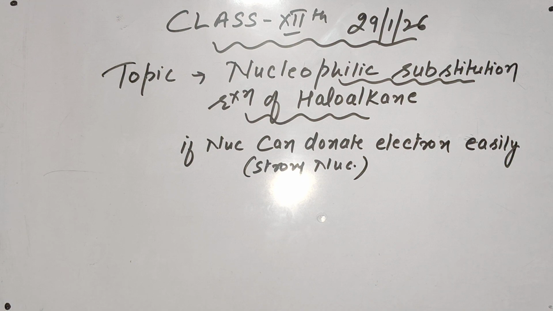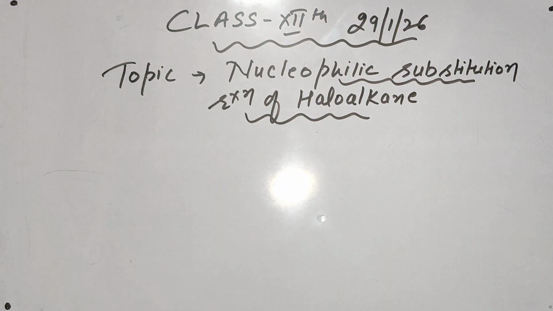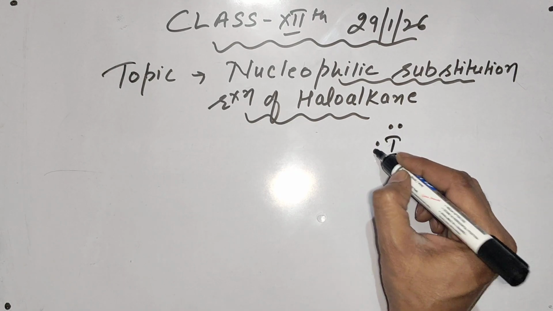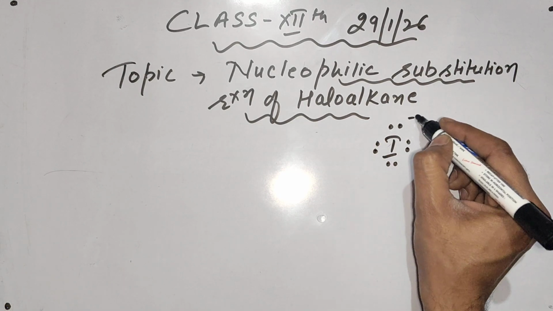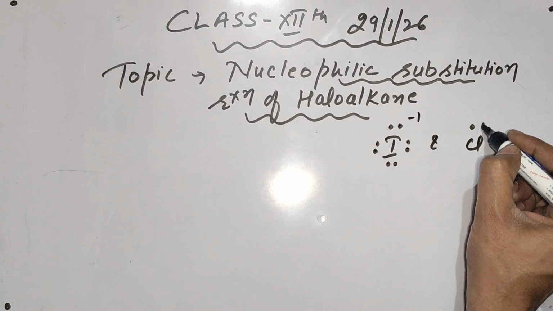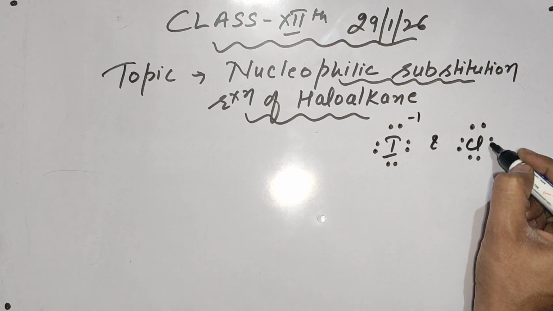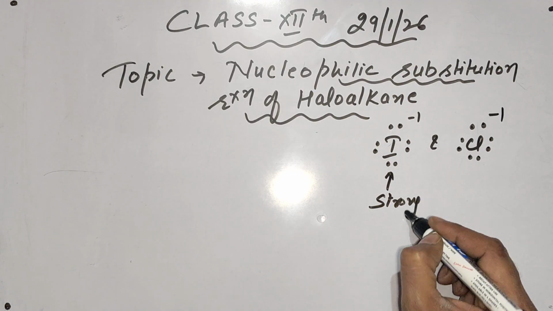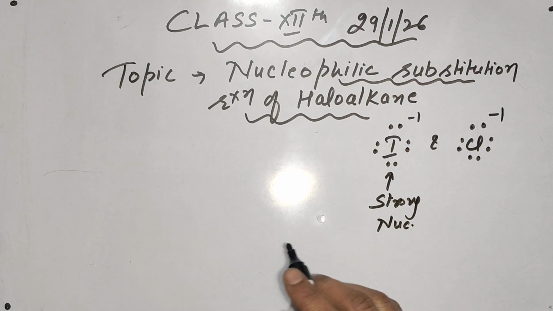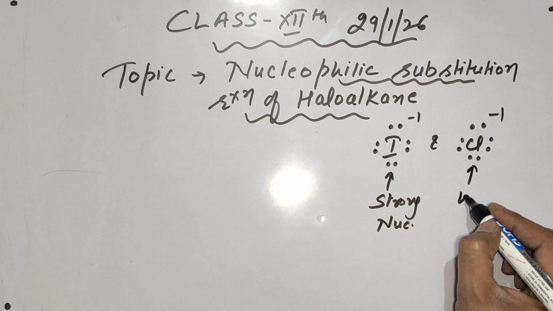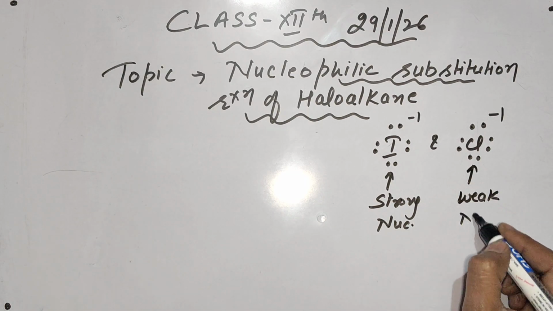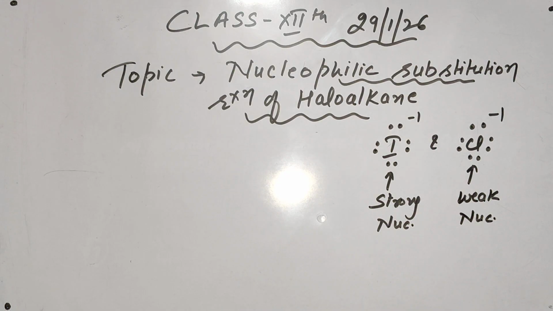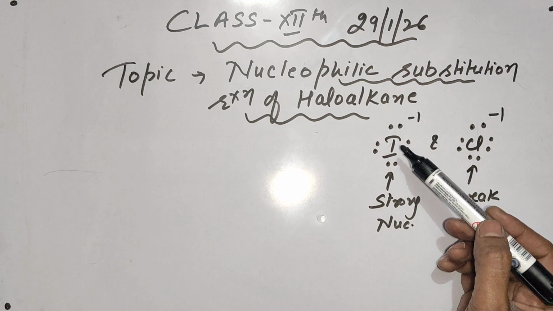For example, if I talk about the nucleophilicity of iodide and chloride, iodide is a strong nucleophile, meaning its nucleophilicity is more, and chloride is a weak nucleophile if I compare chloride with iodide. The reason is obvious.